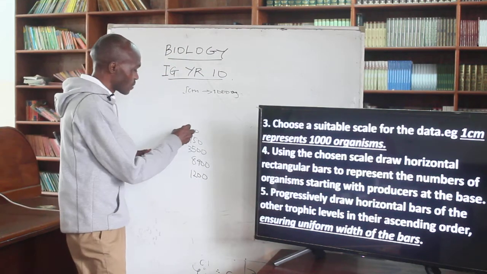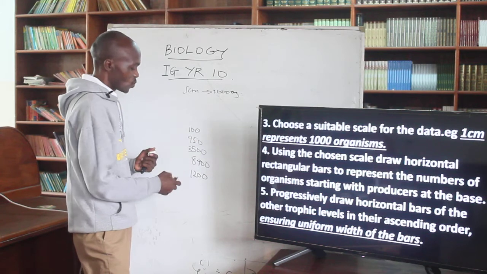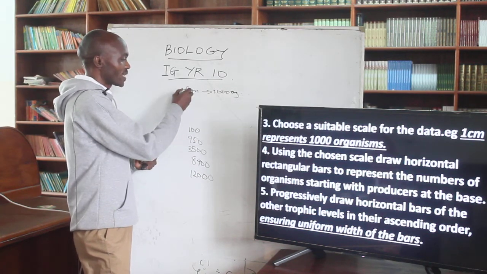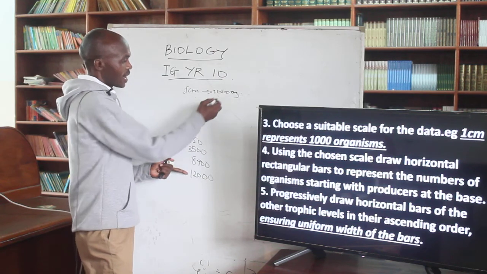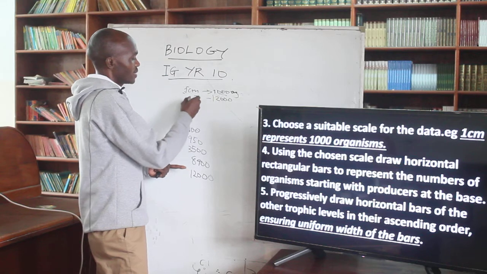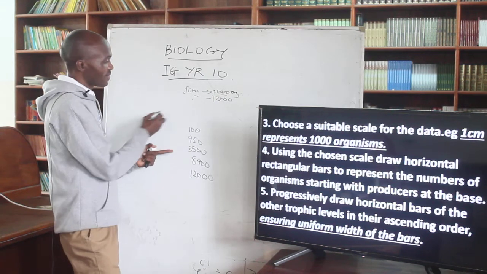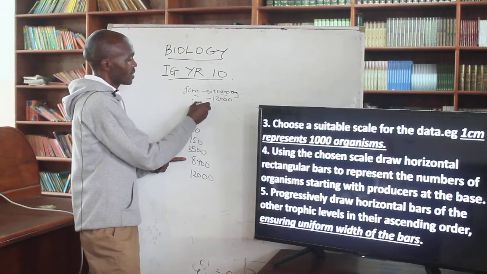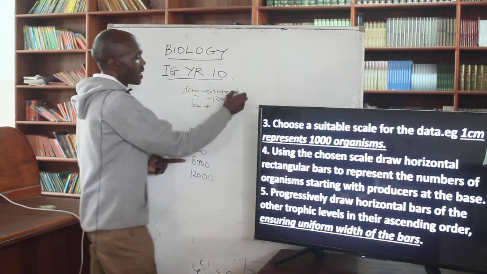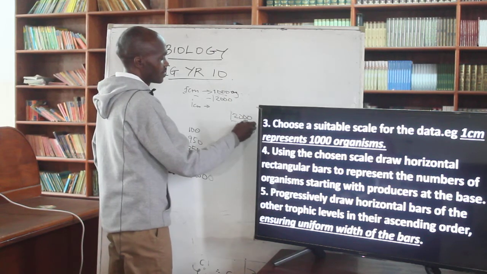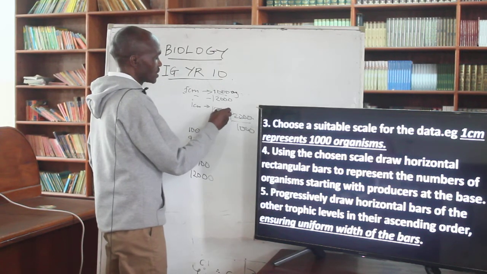So if this is our food chain that will be provided, and this was 12,000, then 1 centimeter will represent 1,000 organisms, and we have 12,000. That implies 12,000 divided by 1,000, so that means 12 centimeters.